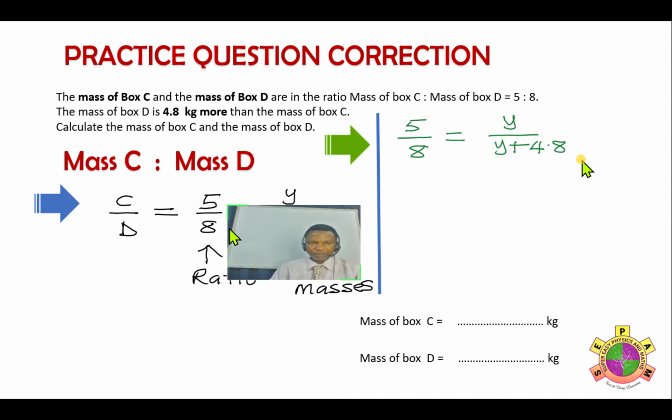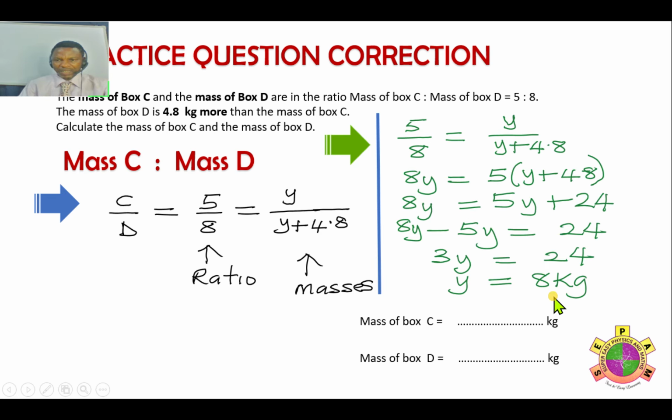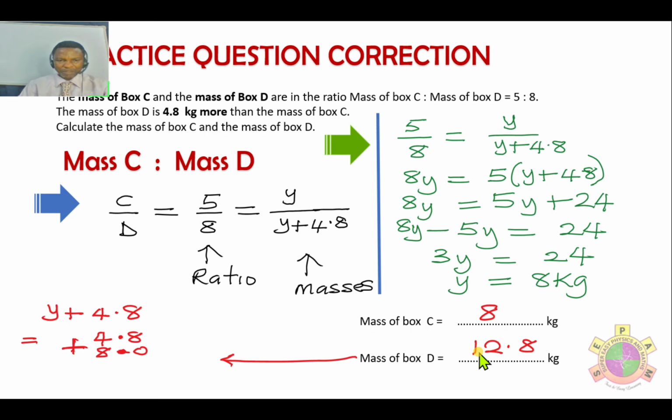Then next what you will now do is cross multiply, and then you get y equals 8 kg. This is for the mass of bus C. Then the mass of bus D is going to be 8 kg plus 4.8, so that will be 12.8 kg.